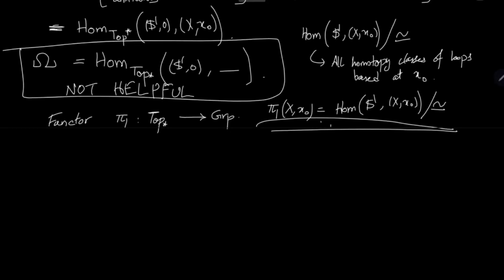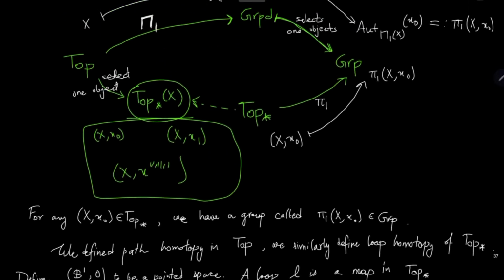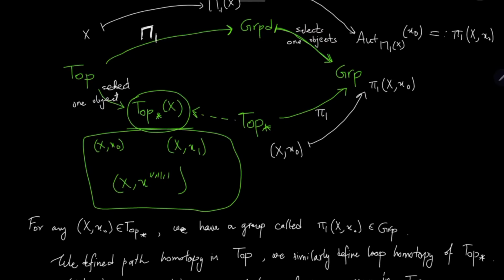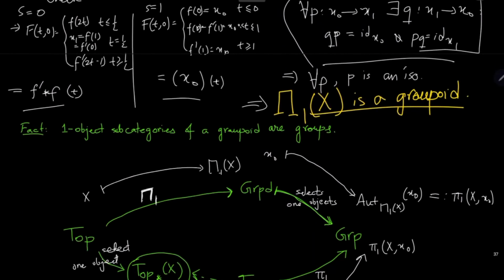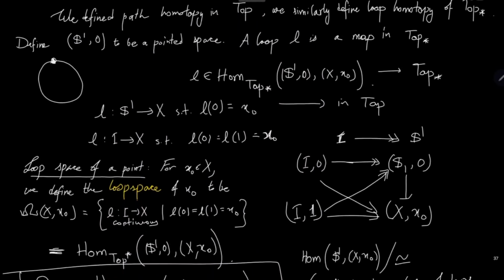So we define loop homotopy and the fundamental group in two possible ways. One is we form the loop space and we quotient the Hom set. The second, with the Hom functor, we quotient that by the homotopy equivalence. Homotopy is an equivalence on the morphism class, if we take the other definition of a category.